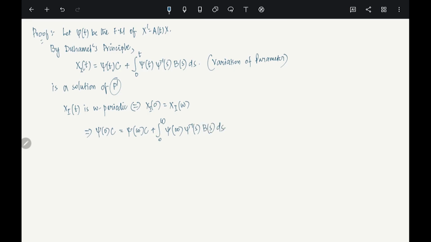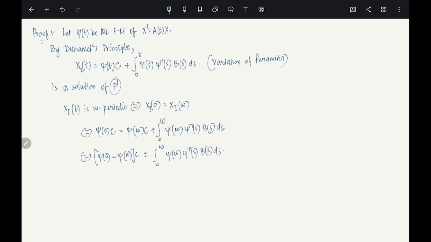So that's an if and only if condition again. What does that imply? That will imply, if and only if, phi of 0 minus phi of W times c, that's a system of linear equations, is nothing but phi of W, phi inverse of s, b of s ds integrated.